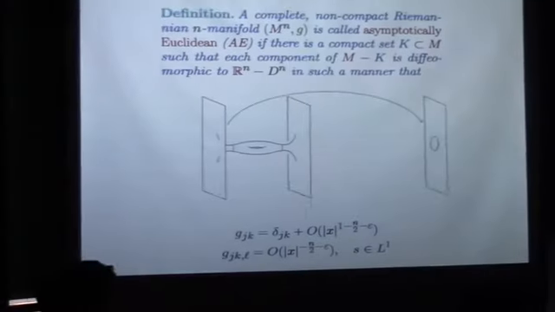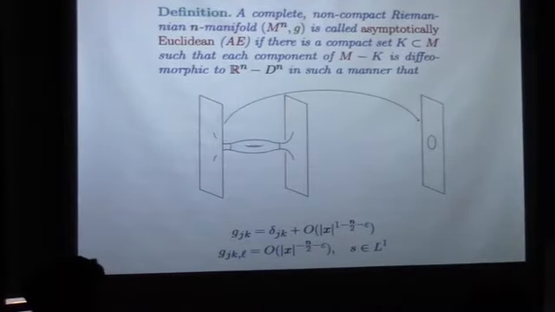Now, actually, the definition is a little bit more flexible than what I first indicated. Rather than just supposing that when you cut out a compact set there's only one region that looks like Euclidean space, you could be allowed to have several different connected components of the complement of a compact set, but you require that each one has this property that you can identify it with Euclidean space, in a way that makes the metric look pretty much like the Euclidean metric.